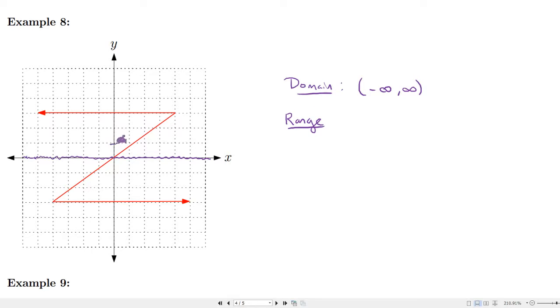Assuming these are indexed by 1s, let's say that goes up to 3 and -1, -2, -3. The y values in this curve range between -3 and 3, but no part of the red curve goes beyond this in the negative or positive direction. So the range would be from -3 to 3.